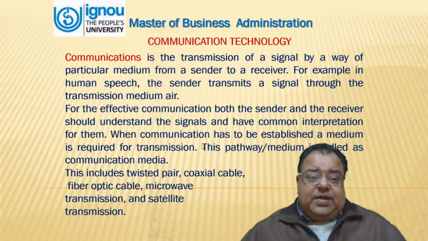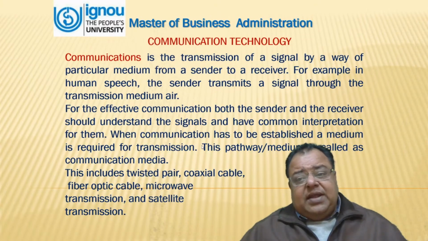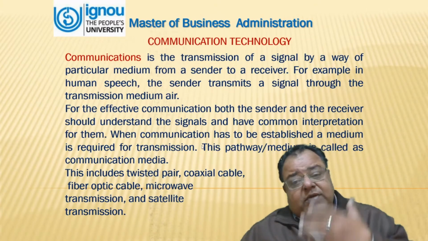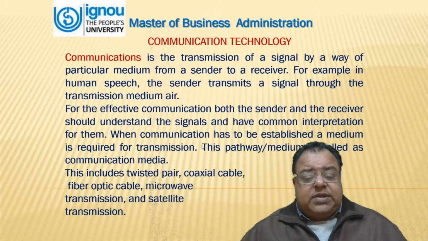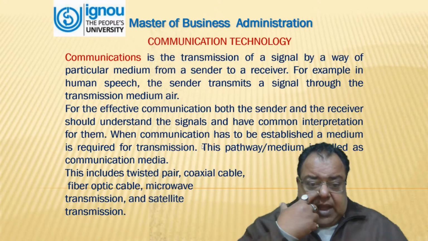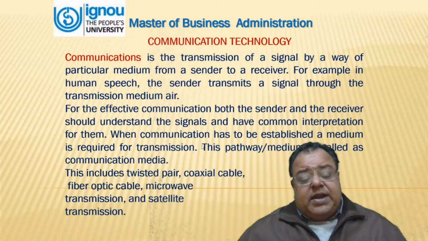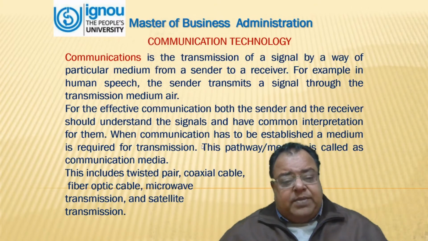Communication technology. Communication is the transmission of a signal by way of a particular medium from a sender to a receiver. For example, in human speech, the sender transmits a signal through the transmission medium, that is air. For effective communication, both the sender and the receiver should understand the signals and have a common interpretation of them.